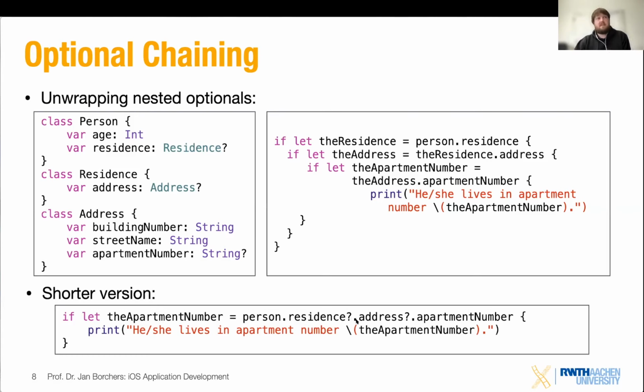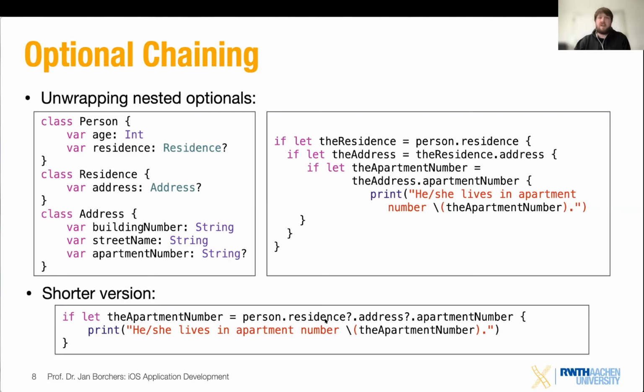A residence might have an address, that's also optional. So again, the question mark, and then access the apartment number. And if any of these elements are nil, then this will not be true. So we will not get here to the next line.